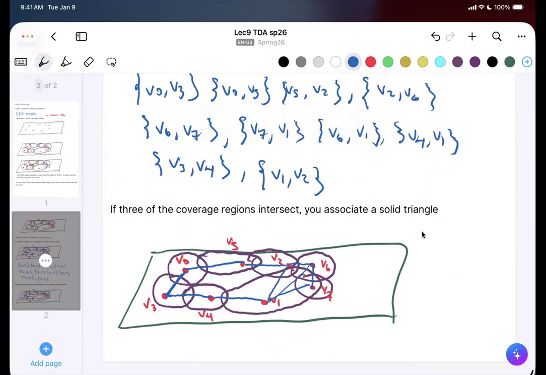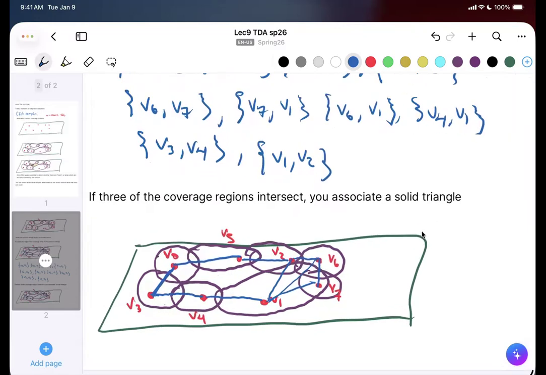So where are three intersections? For example, the coverage region of V2, the coverage region of V6, and the coverage region of V1, right? They do have a triple intersection somewhere in here.